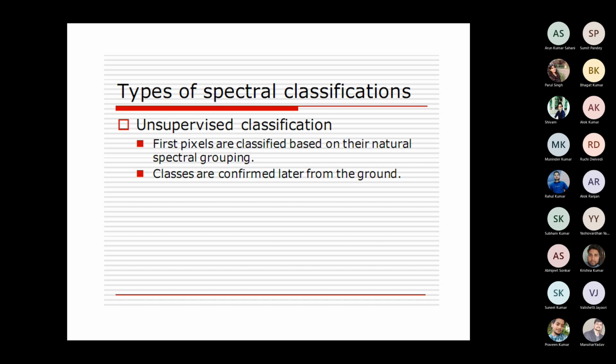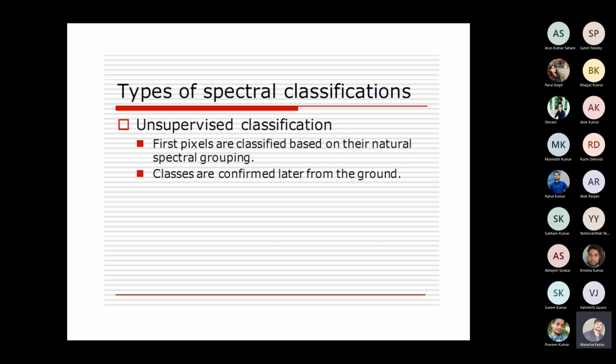So in unsupervised classification, on the basis of similarity in digital numbers and through natural grouping, the clusters are formed first, and after the cluster formation, the class is assigned to those clusters. So it is a reverse way.